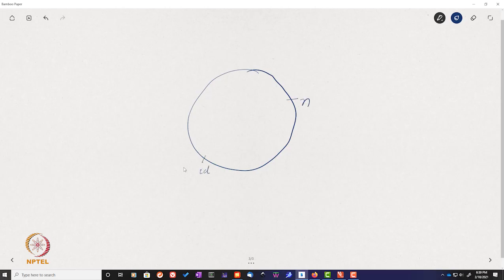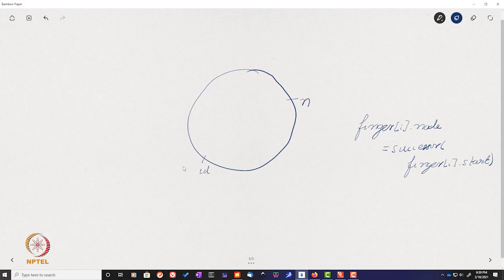We find that finger of n, which I am calling the closest preceding finger, whose finger node, recall that finger i's node is the successor of finger i.start.